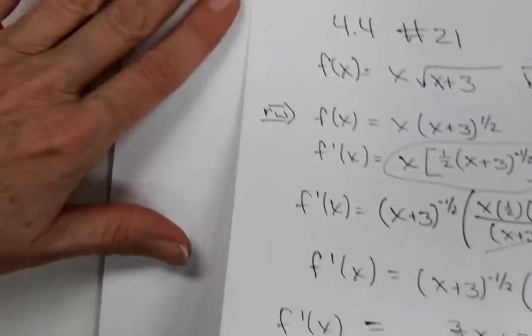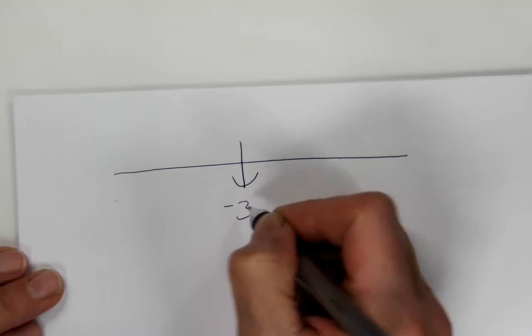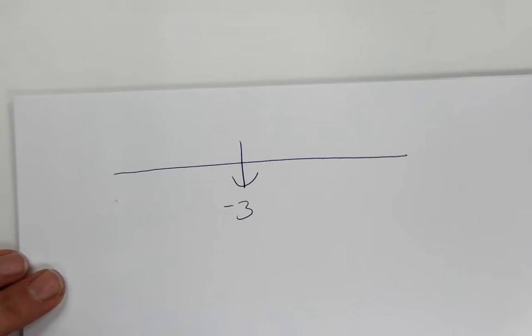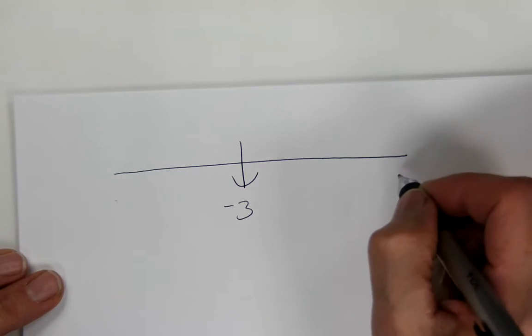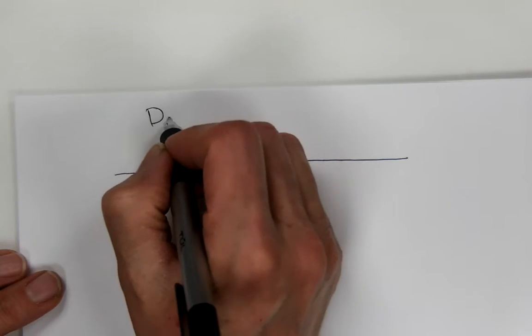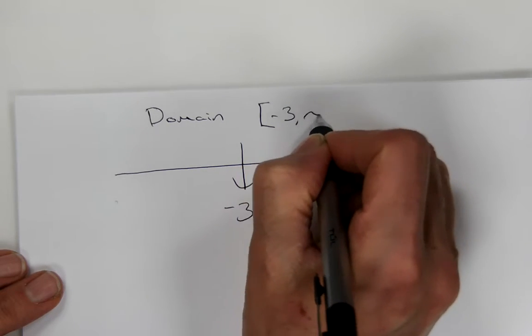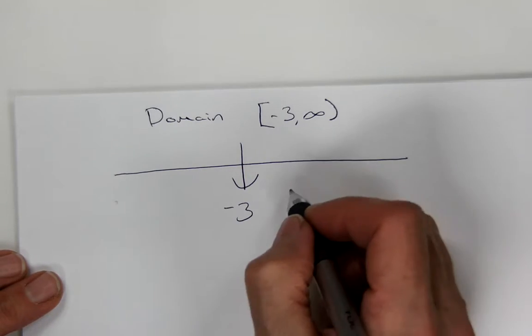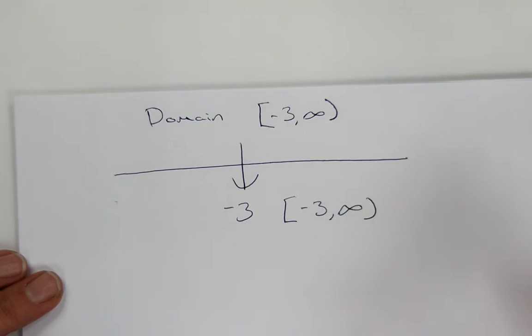And so we are going to make a number line, break it at negative 3. And we can't go left of negative 3. And remember our domain is negative 3 to infinity from the original problem. So that's all we can check, negative 3 to infinity, with a test point.